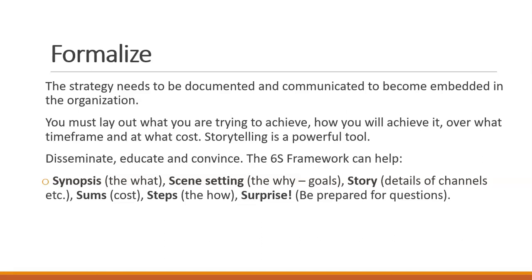Story, details of the content and tools that we're going to use. Sums, how much is all of this going to cost? Steps, the how we're going to do each phase of the strategic plan. And then surprise. We should be prepared to answer questions about the campaign before its official rollout.